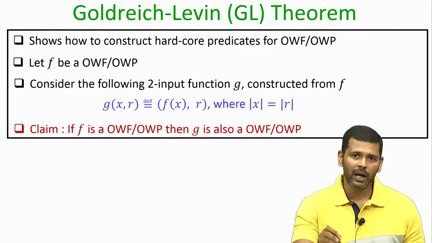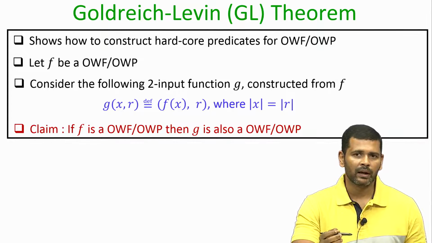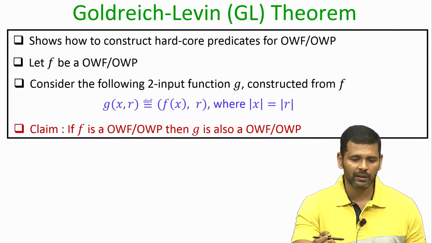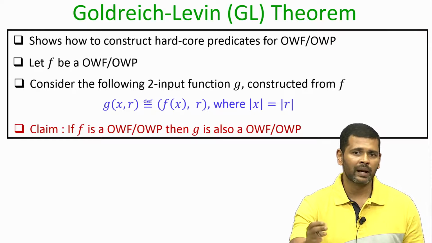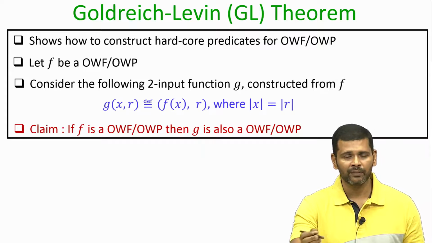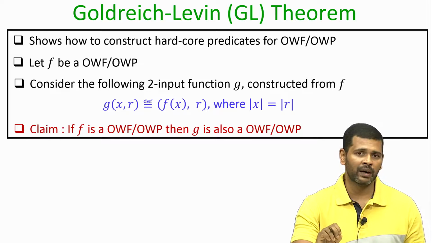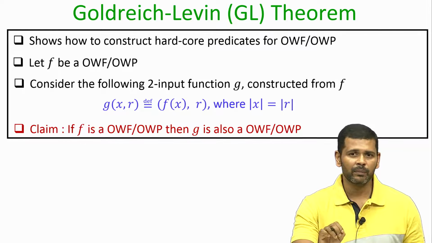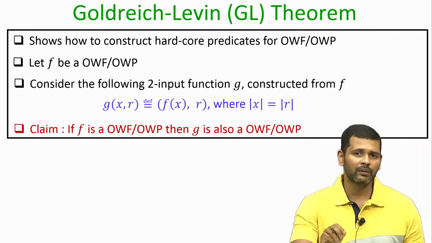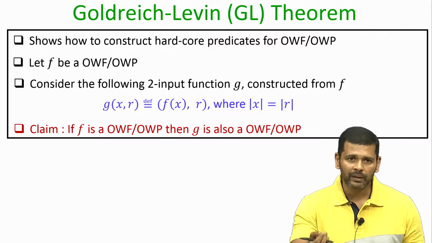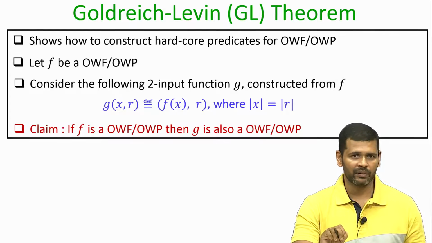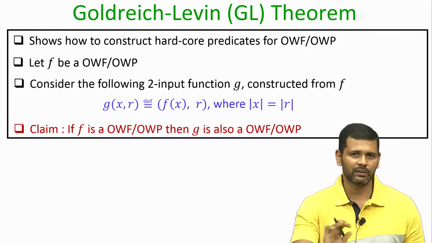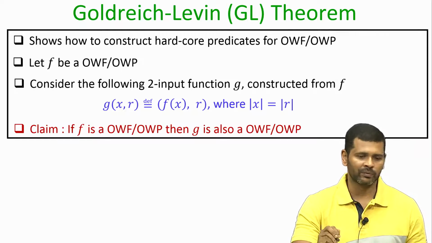Namely, if you have a polynomial time algorithm that, without knowing the random pair of input x comma r, but just seeing the value of g of x comma r, can give you back x comma r in polynomial time, then using the same inversion algorithm we can construct another polynomial time algorithm which, when given the value of f of x on a random x without knowing x, can actually give you back the value of x. That is a contradiction to the fact that f is a one way function or a one way permutation. So, that is a straightforward reduction argument using which we can prove this claim.